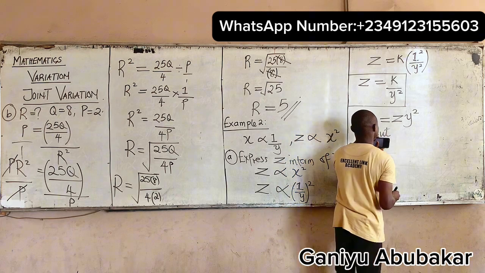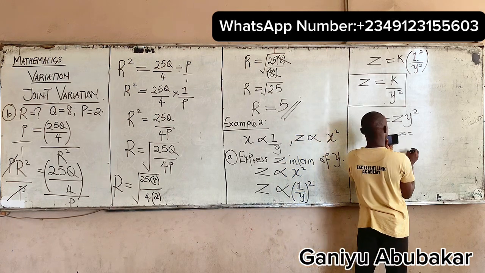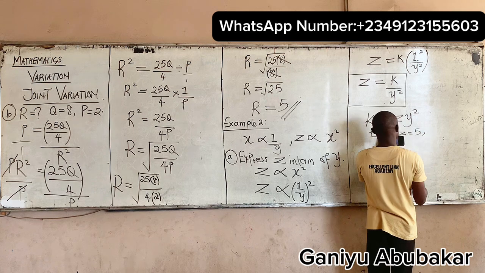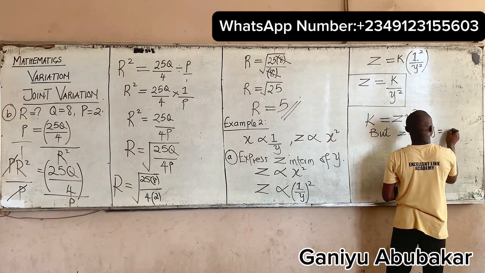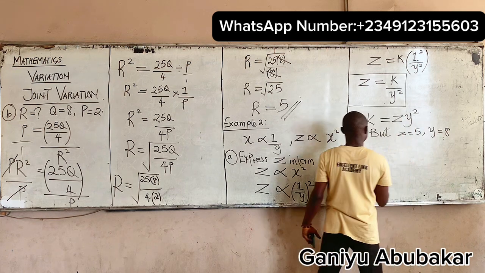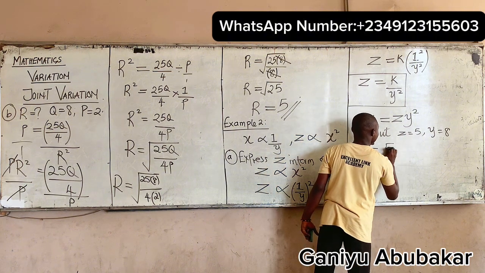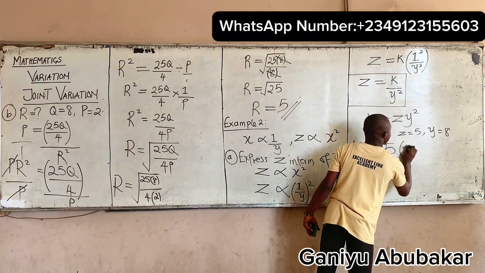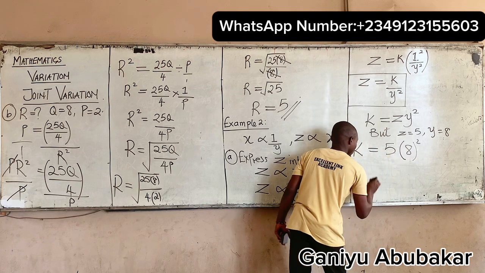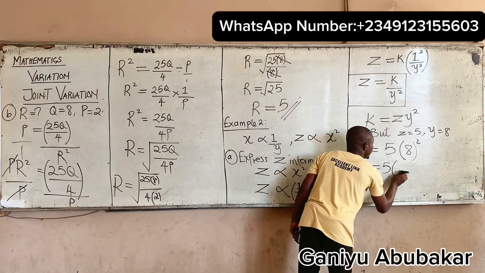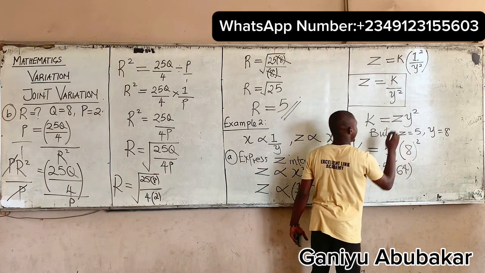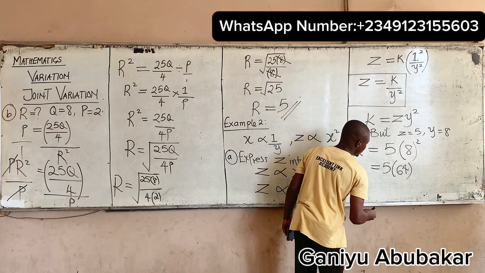They give us z as 5 and y as 8. So k is equal to 5 times 8 squared. That is 5 times 64.